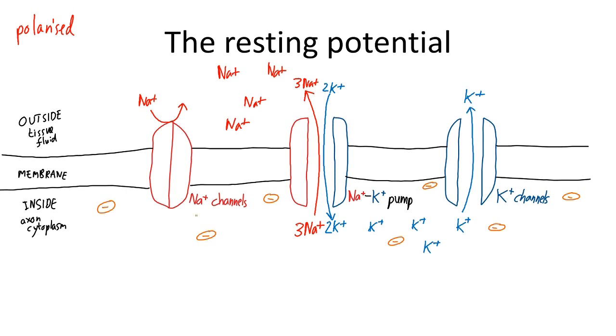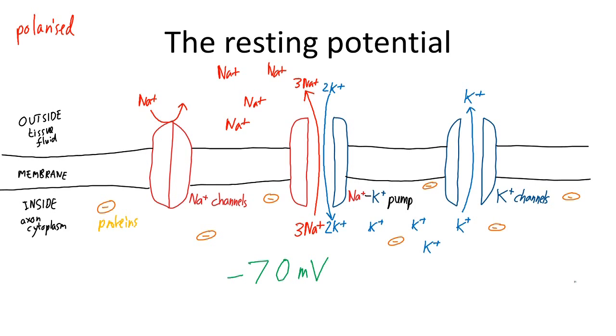Within the neuron, there are also some permanently negatively charged ions and proteins and other molecules which contribute to the negative charge. Now the resting potential itself, in terms of quantifying that, is going to be minus 70 millivolts. So there is more positive charge outside of the cell than inside of the cell.